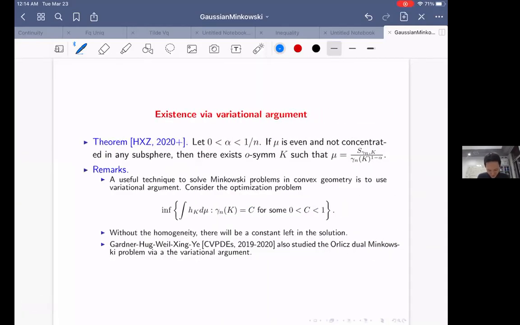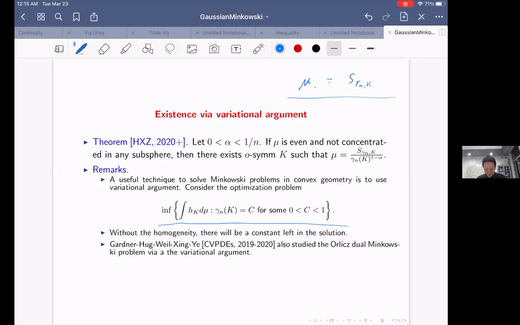For the existence problem, that means given a measure mu, we try to find the corresponding K such that mu equals the Gaussian surface measure of K. This is an existence problem. The first result is from the variational argument, which is a very useful technique in convex geometry, and we can consider the optimization problem or similar problems.